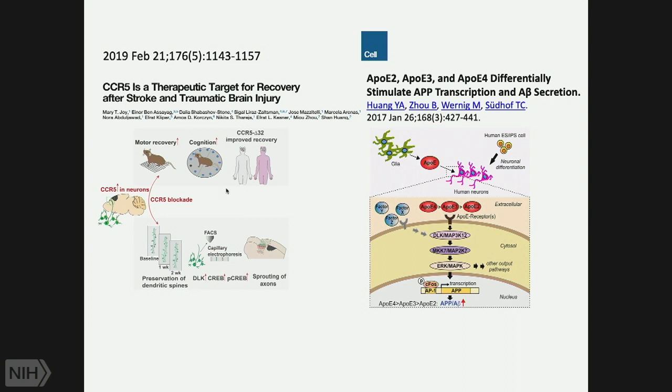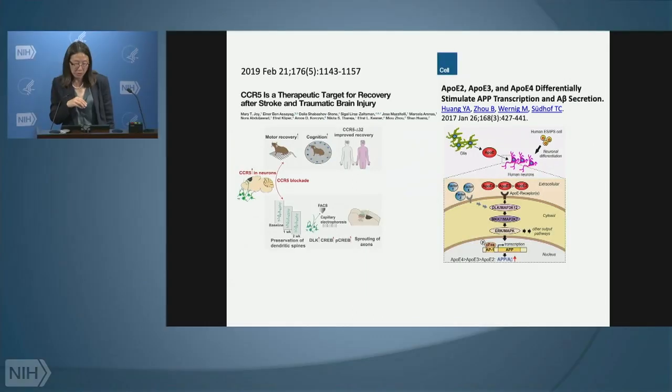And some patients who have received CCR5 inhibitors also recover well. So in this CCR5 stroke model, activating DLK indeed helps the motor axon plasticity to help recover from stroke.